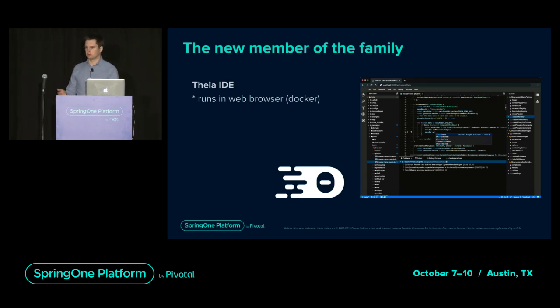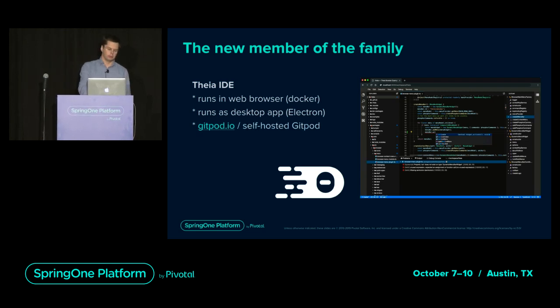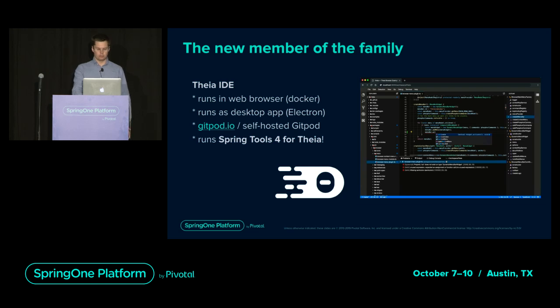You can package it in Docker, launch the Docker container, and run it on the web. But you can also package it as a desktop app via Electron, the same technology stack that VS Code is using. There's also a hosted version, Gitpod, which can also be used as a self-hosted version. And of course, it runs Spring Tools since version 4.